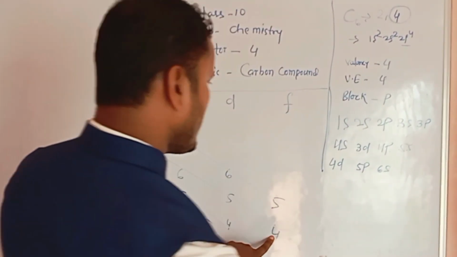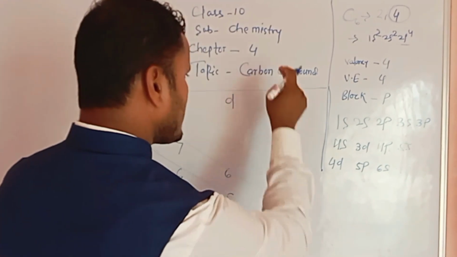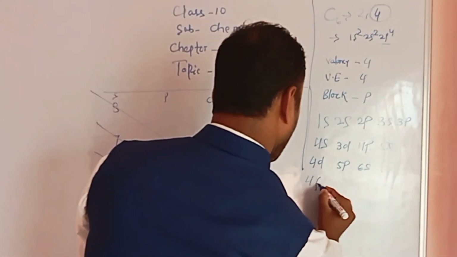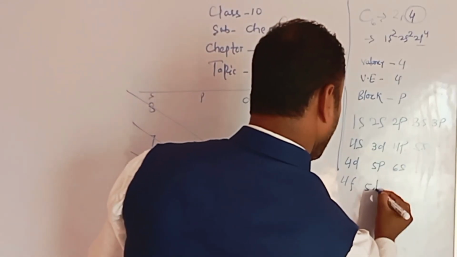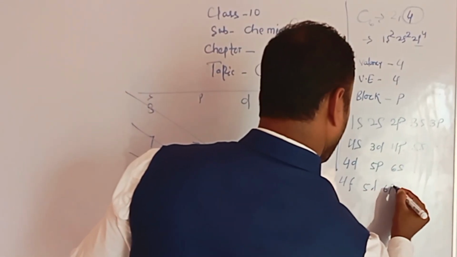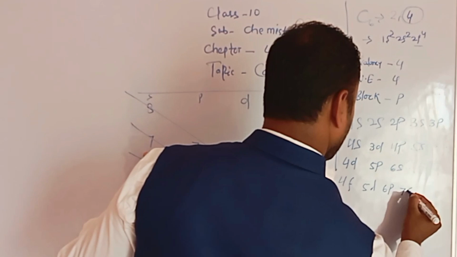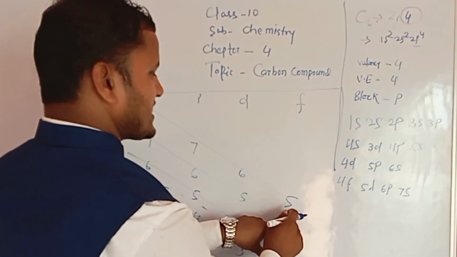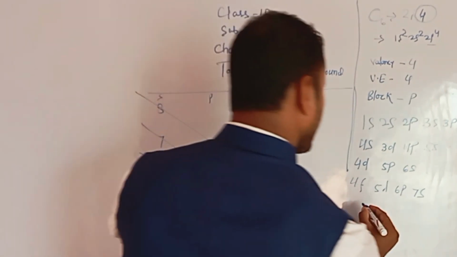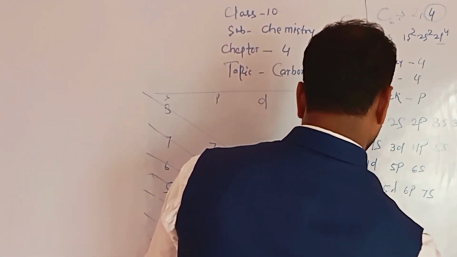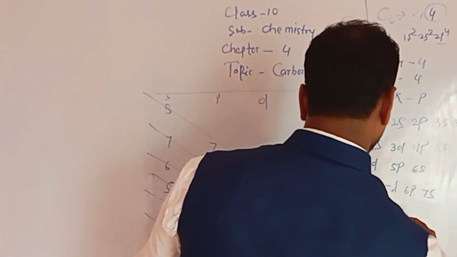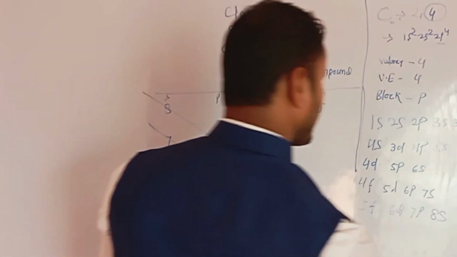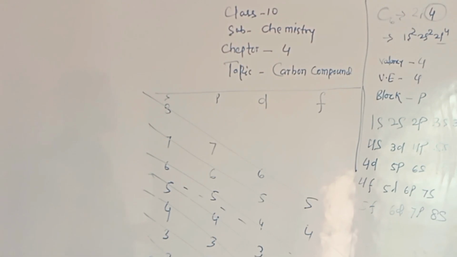Also this line is F. 4f, 5d, 6p, 7s. And this one is the last line. I started from 5f, 5f, 6d, 7p, 8s. This is the Aufbau principle.